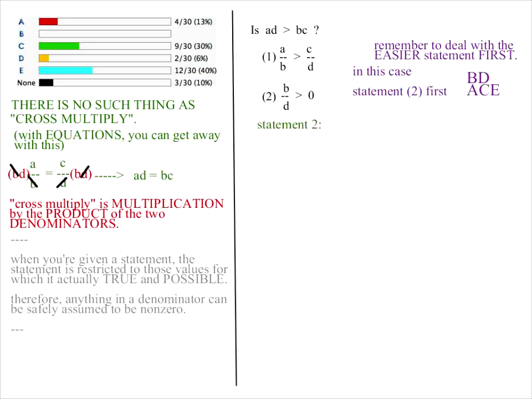Statement 2, what does this mean? Notice that B over D greater than 0 means that B and D have the same sign, i.e. both positive or both negative.